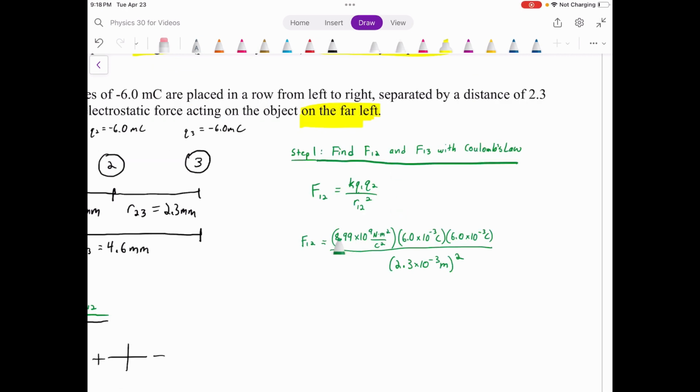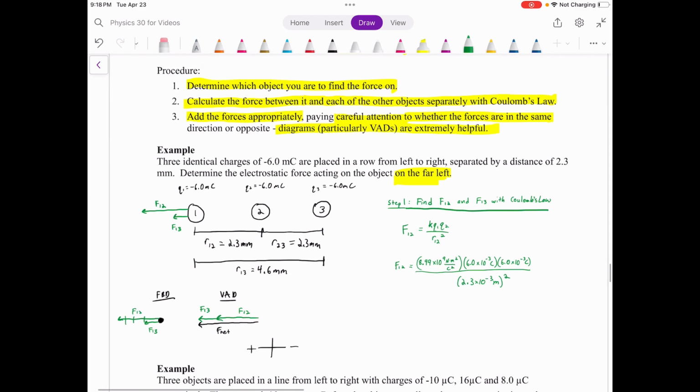All right, there we go. Coulomb's constant times the charge of object 1, charge of object 2, divided by the distance between them squared. Just be very careful, right? We need them in standard units. So we were given the charges in millicoulombs. Milli, remember, means times 10 to the negative 3. That's on the back of your formula sheet. Or you could have also just divided by 1,000 to get 0.006. That's the same as times 10 to the negative 3 anyway, right?